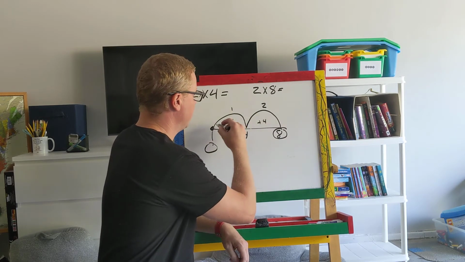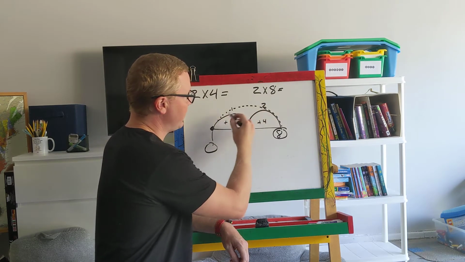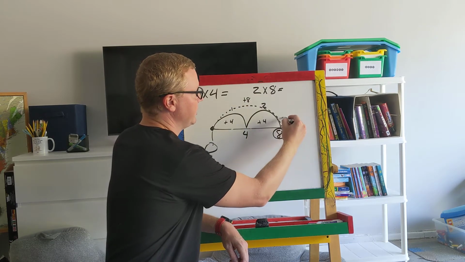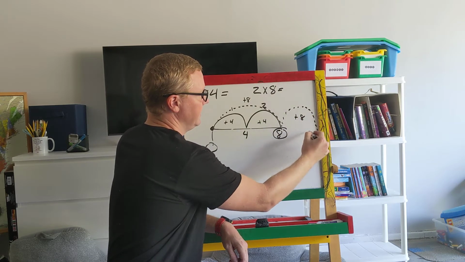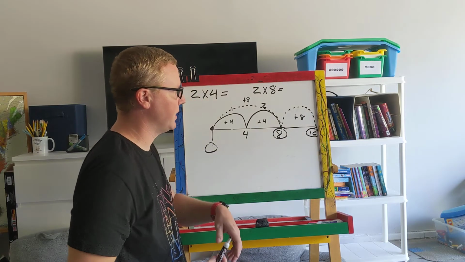So this one jump is actually 1 group of 8. So I can go plus 8, and then I could do a whole another jump, plus 8, and you get a 16 as we continue on our number line.